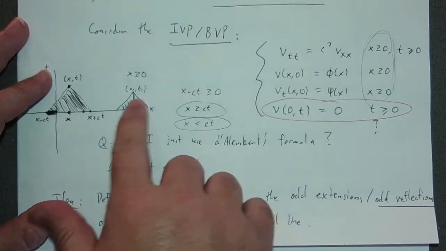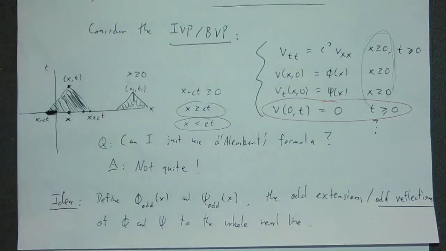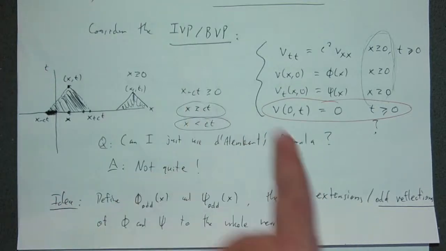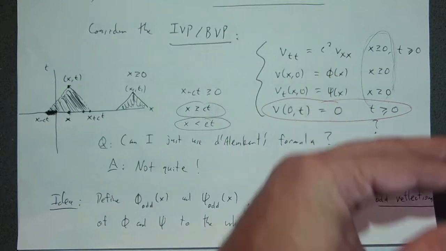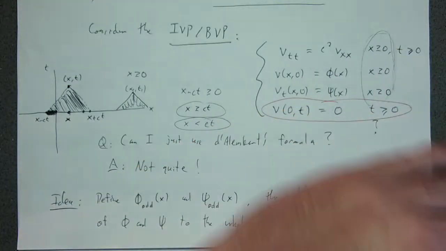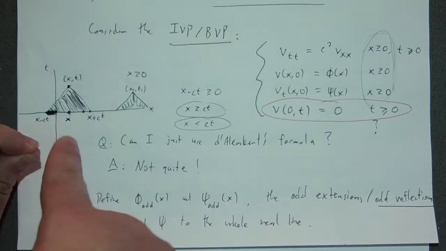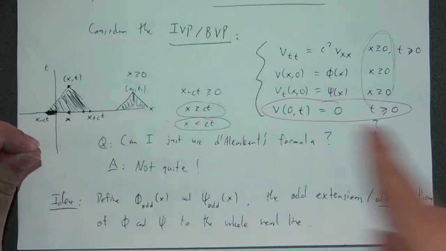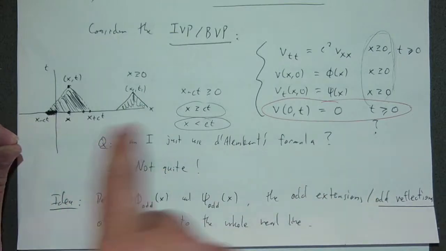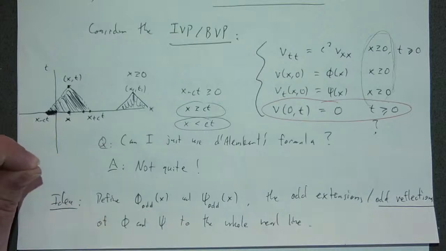Well, I can say that this situation is exactly like it was in the problem that didn't have a boundary condition and was on the whole real line. That is, it looks exactly like the original 1D wave equation I solved on the whole real line. Why do you think that is? Physically, I have a string fixed at one end, and the other part of the string goes infinitely off towards positive infinity.